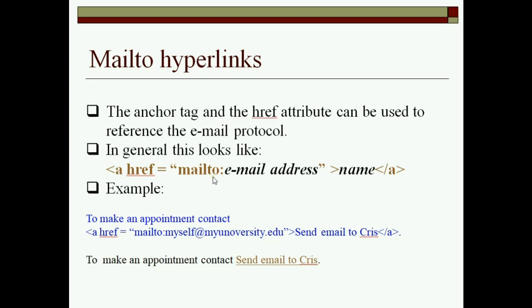Recall that URLs generally specify the protocol to be used. So HTTP, which stands for Hypertext Transfer Protocol, indicates the regular URL addresses. But in this case, there is a mailto in the place of HTTP. So this indicates that the mail protocol is going to be used. And of course, after that, what follows is an email address.